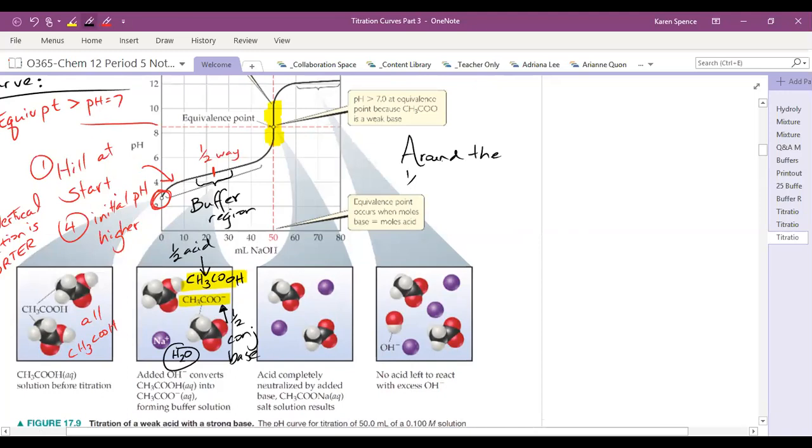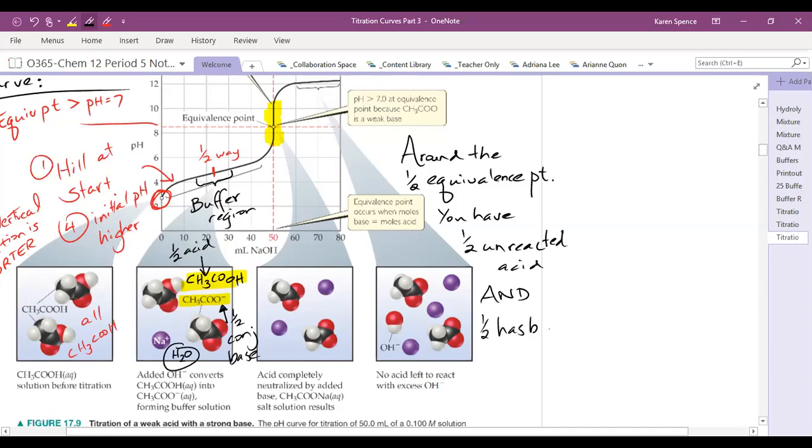And we call that point the 1/2 equivalence point. So at the 1/2 equivalence point, you have 1/2 unreacted acid, and you have 1/2 that has been turned into the conjugate base.